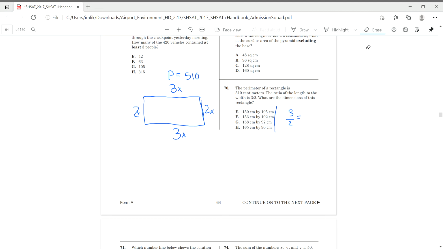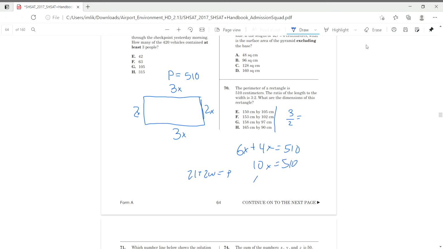When we have x, we have like terms, so we can combine them and set it equal to 510. What's the formula for a perimeter? It's 2 times the length plus 2 times the width is equal to P. So 3x plus 3x is going to be 6x. 6x plus 4x is equal to 510. 10x is equal to 510.